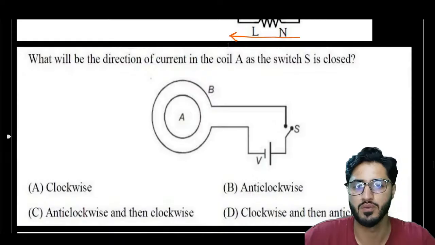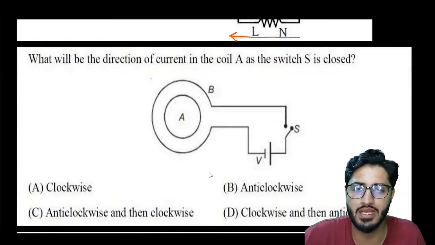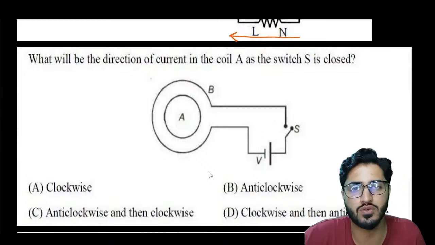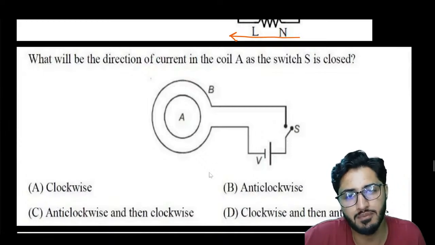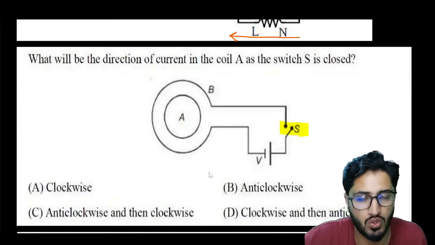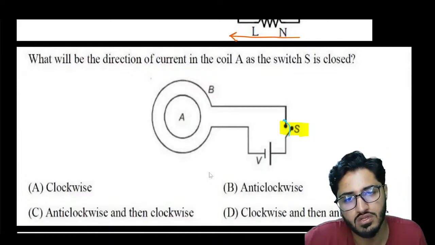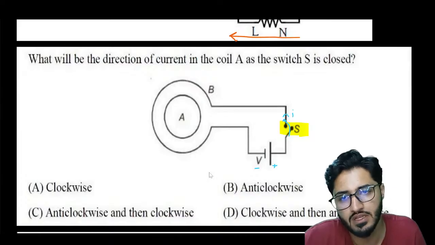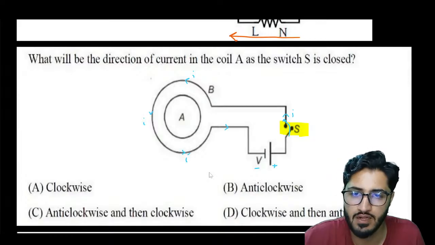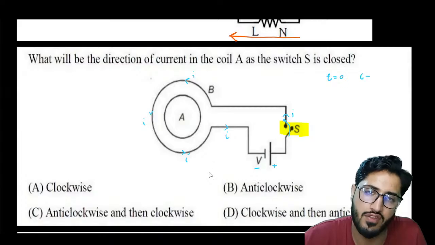Next question. Look now. What will be the direction of current in the loop A as the switch S is closed? You can see here my S is not closed. If S is not closed, the loop is not closed, so no current will flow. Now if we close this switch, positive side, negative side, my current will flow in this direction. Firstly, at t equals 0, current is 0.